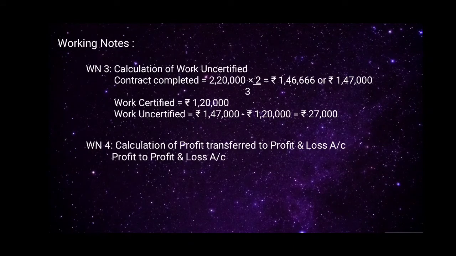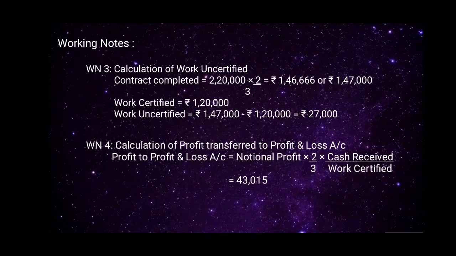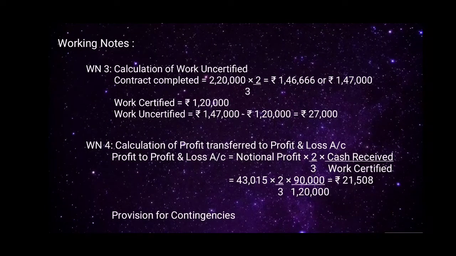So profit to profit and loss account is equal to notional profit into 2/3 into cash received divided by work certified, which is equal to notional profit 43,015 into 2/3 into cash received, which is 90,000 divided by work certified, which is 1,20,000, which will be rupees 21,508.